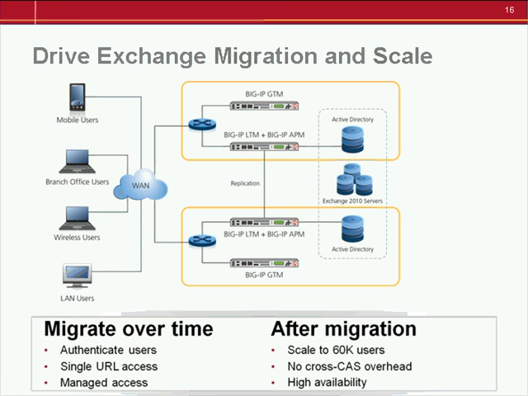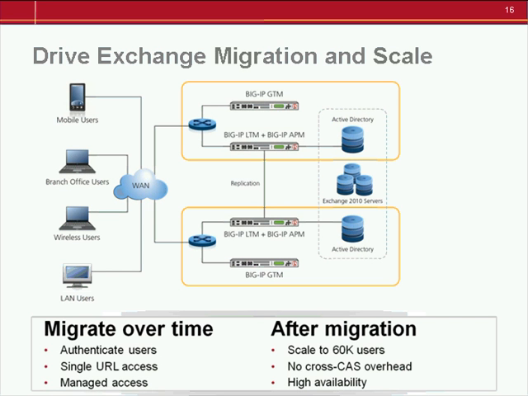It allows the organization to migrate over time. It allows organizations to use the BIG-IP APM and LTM to authenticate users in the DMZ so there are no unknown users accessing the system. Organizations can distribute a single URL for access depending upon the user or group, and the BIG-IP Access Policy Manager will then direct the user to their appropriate server for any Exchange iteration.